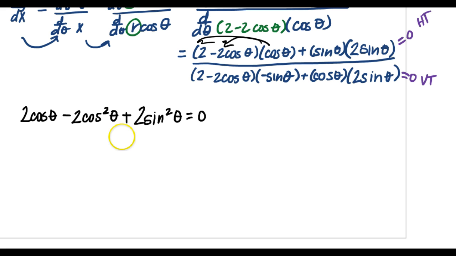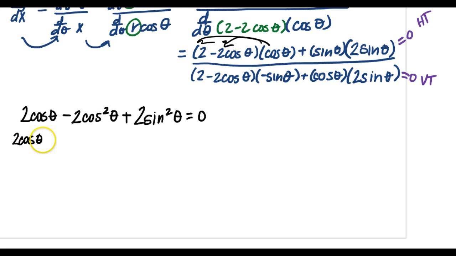And I'm going to tell you right now, you're not going to like all the work we need to do to get the answer, because we need to use a lot of trig manipulation and Pythagorean identities. So right now I have a cosine theta, a cosine squared theta, and a sine squared theta. If these were both pluses, I would love to use the Pythagorean identity that allows this to become a 1, but because one is negative, I can't do that. So here's what I am going to do.